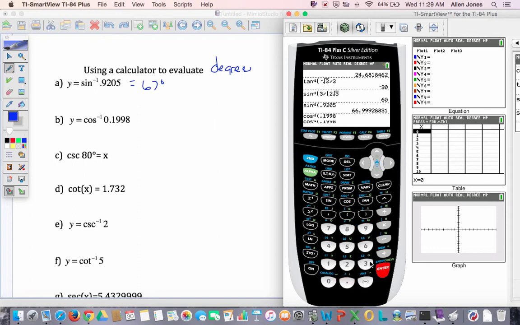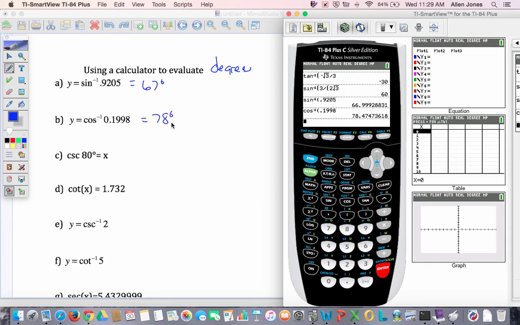So inverse cosine of 0.1998, and that gets us about 78 degrees. 78.47, so 78 degrees, just to make life simple. Our cosecant of 80, so notice this is an angle right here, so we type that in as 1 divided by the sine of 80.